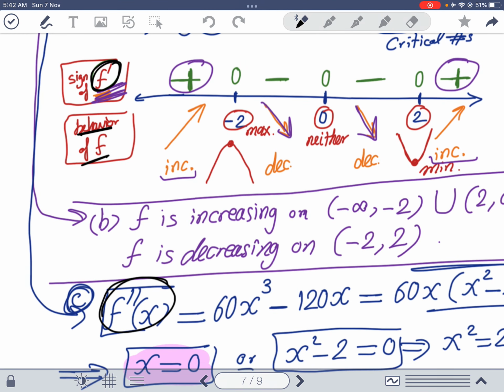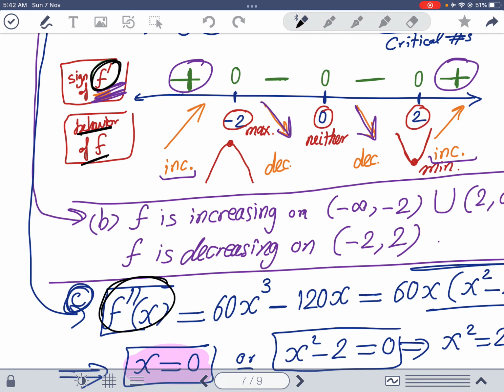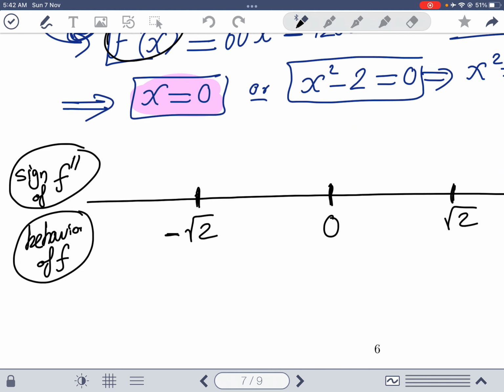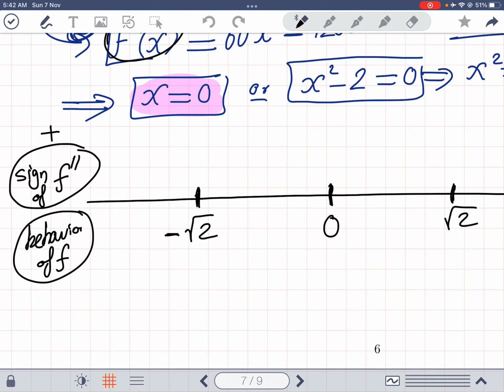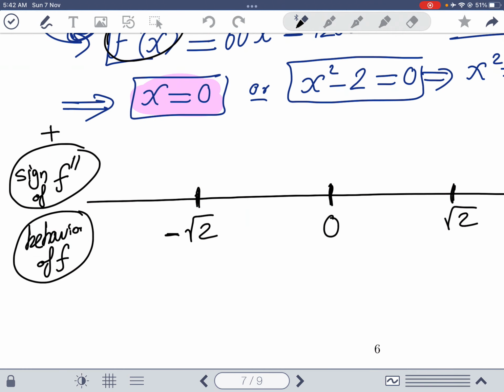That's why when f prime is positive, f is increasing. And when f prime is negative, then f is decreasing. The same thing here, the sign of f double prime. When f double prime is positive, then f will not be increasing, but it will be concave up. That's what it means for the second derivative to be positive. And if the sign is negative, then it will be concave down. So this is what we'll do now. Check.